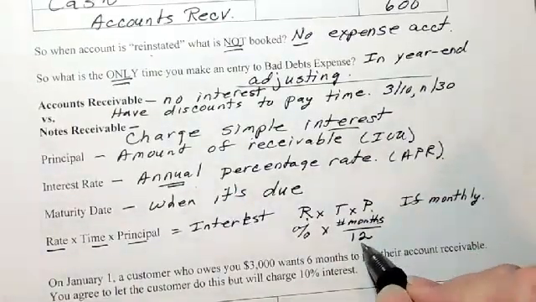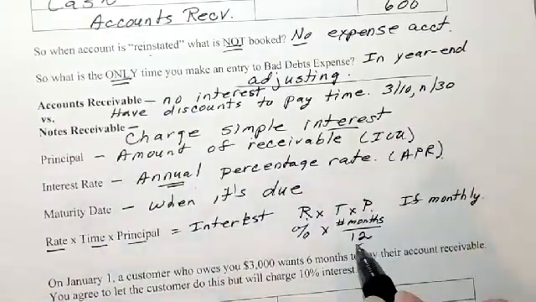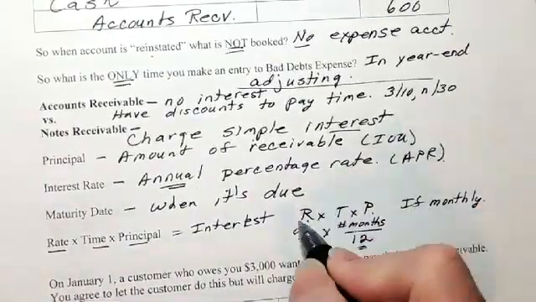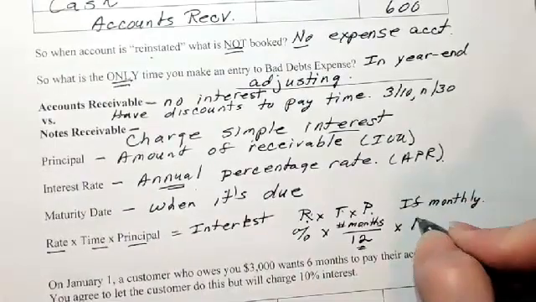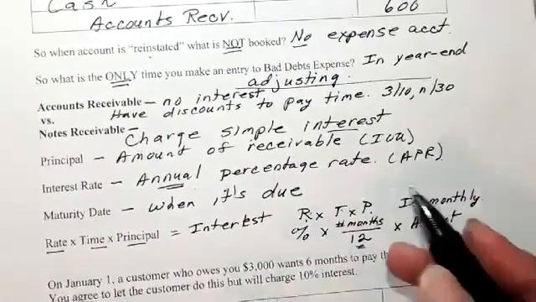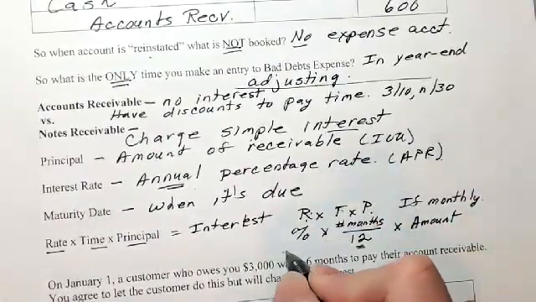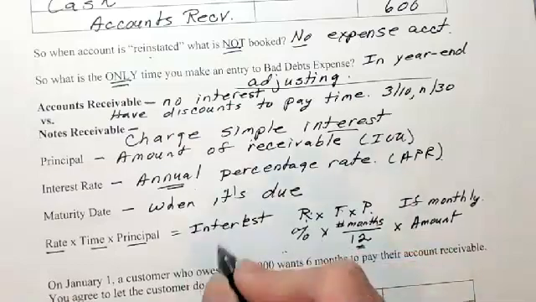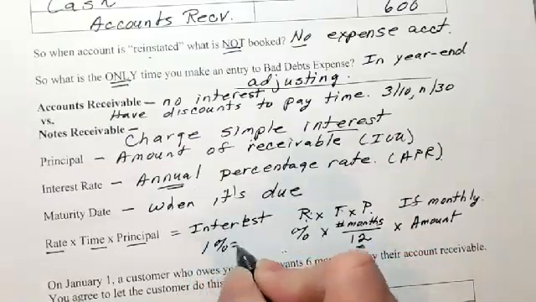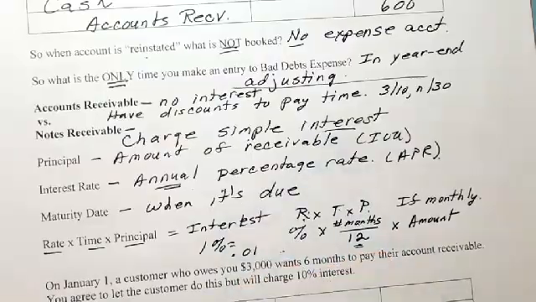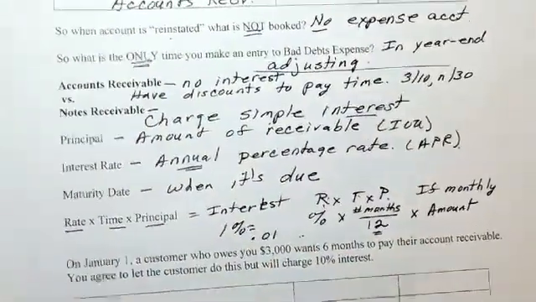But for any problem I give you, don't forget to divide by that 12. And then your principal is your amount. And remember, a percentage has a point between it. So like 1% equals 0.01. Make sure you put it in your calculator right.